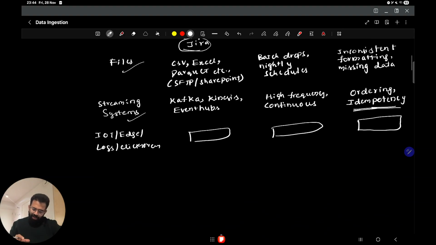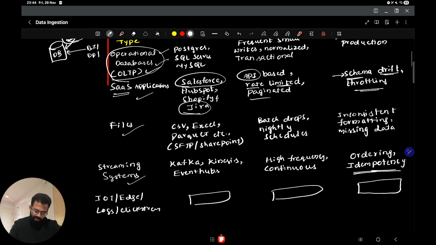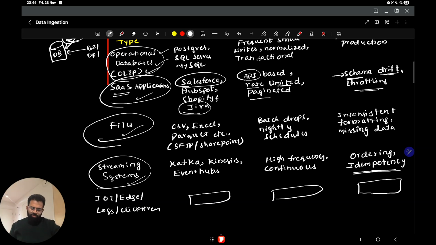They are kind of common data sources, but also not as common as, let's say, operational databases or SaaS applications or files or streaming systems. So I would say at least 70 to 80% of the time, you will end up dealing with operational databases and files.